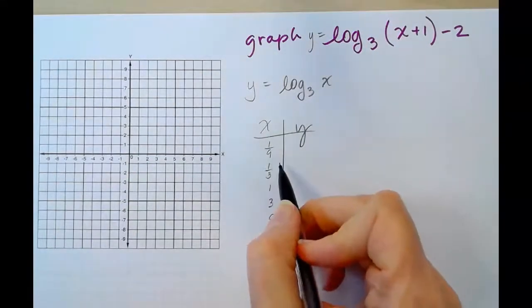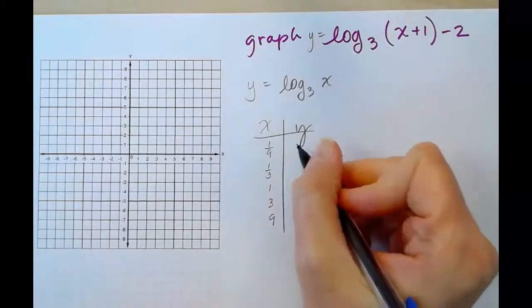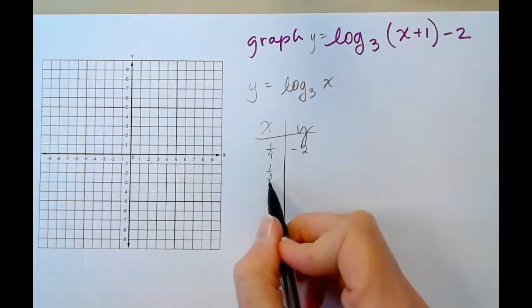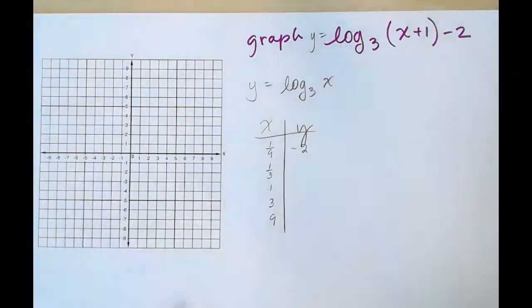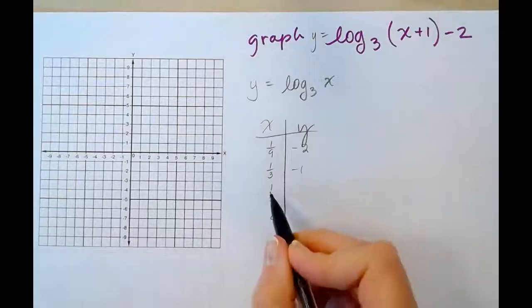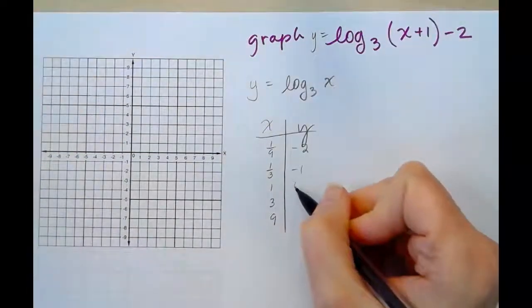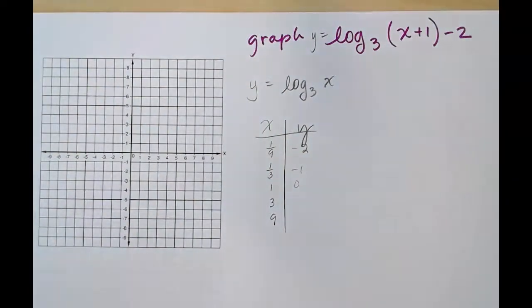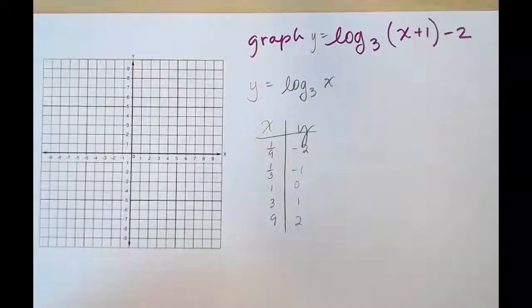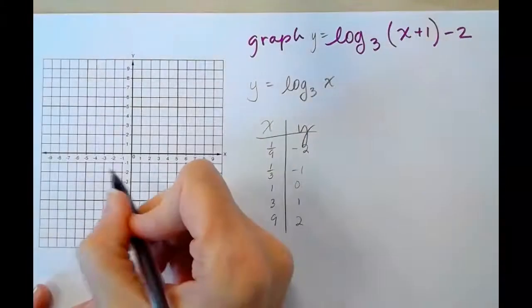So if x is 1/9, y is -2. If x is 1/3, y is -1. If x is 1, y is 0. If x is 3, y is 1, and if x is 9, y is 2.